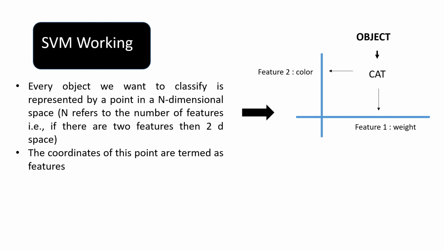Now here we can see an example of two features, where feature 1 is weight and feature 2 is color. The object is a cat. We need to categorize whether the image contains a cat or a dog, right? That can be done using color and weight.